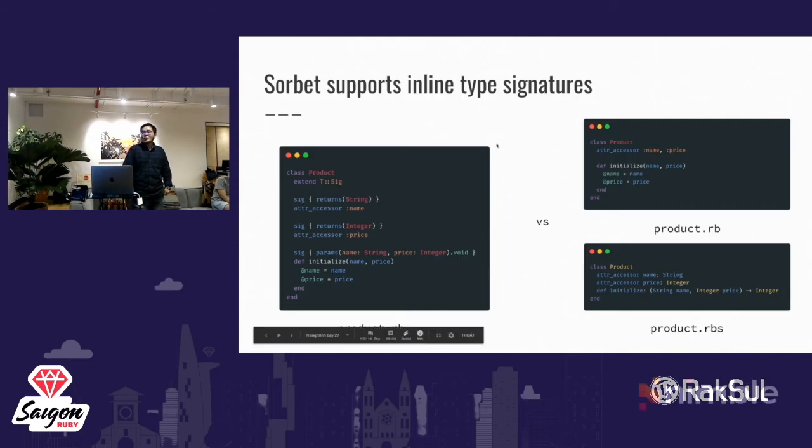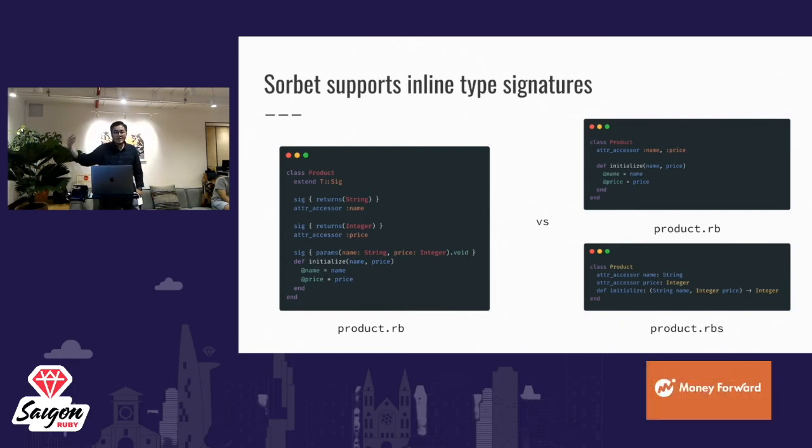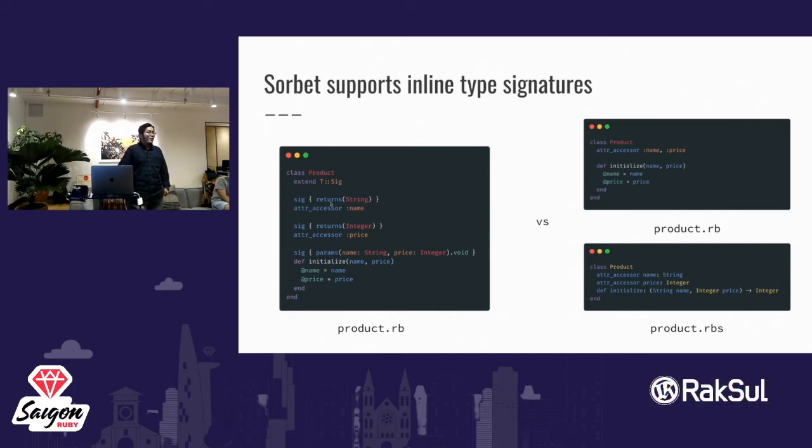Okay, Sorbet supports inline type signatures. On the right is the version we have to write when we use RBS directly. We have a Ruby file and an RBS file, combined to create something meaningful. But with Sorbet, we can just declare the type for a method or an attribute accessor directly on top, above the method.